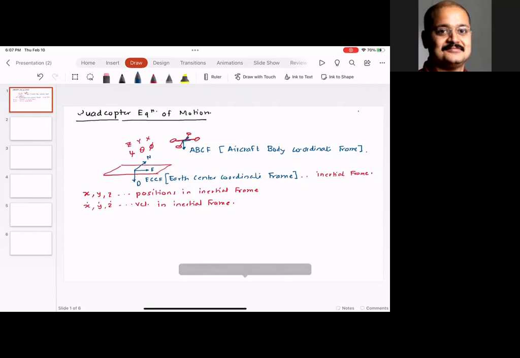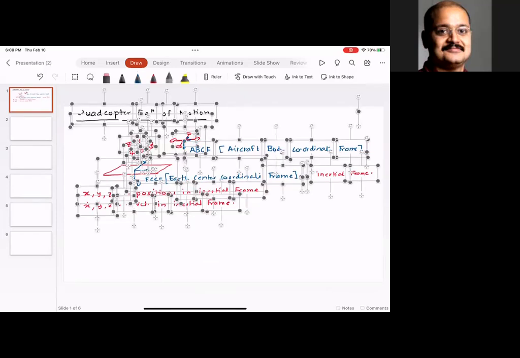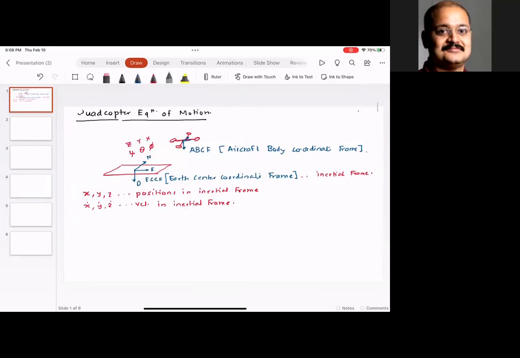But before I do that, I just want to add some more reference. So if this is the x-axis of the aircraft, this is the y-axis, and this is the z-axis of the aircraft, then I have P, Q, R. So those are the angular rates.